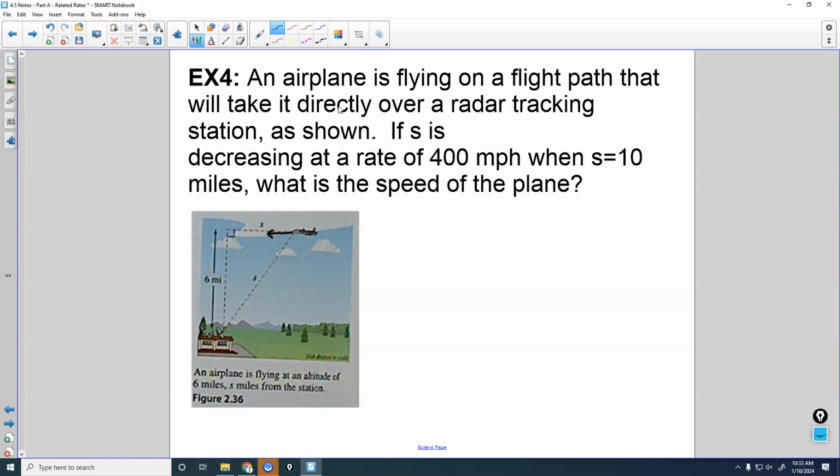That plane could have a changing altitude, and if it did, we'd have to put a variable there for that 6, which would make the situation more complicated. You'd have to have more information. But we know for this particular plane that it is flying directly over at a constant altitude. So we are going to say x squared plus 6 squared equals s squared.